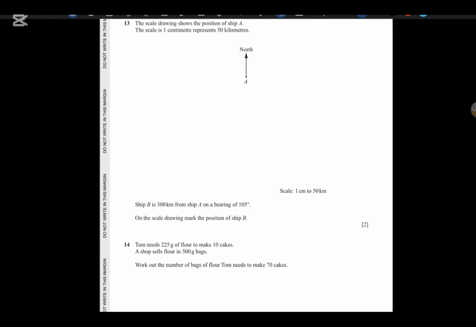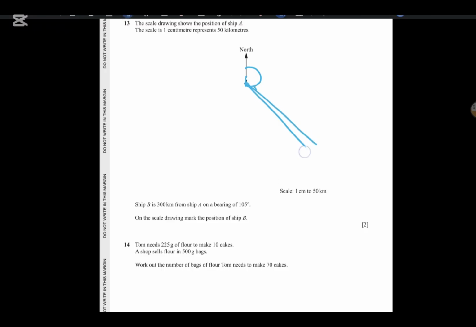First of all, you have to keep your protractor like this, keeping the center here. This is the center at A, sorry, the center of the protractor. Check 105 degrees. So 105 degrees can be somewhere here, and your line will be something like this.